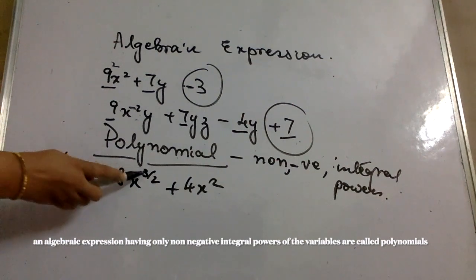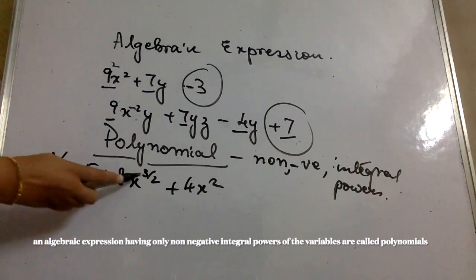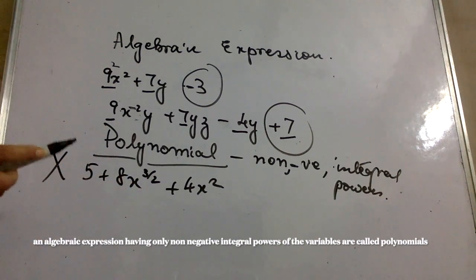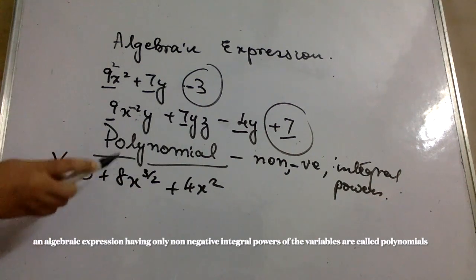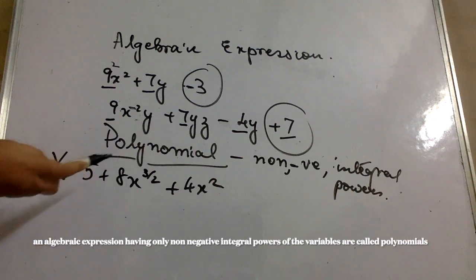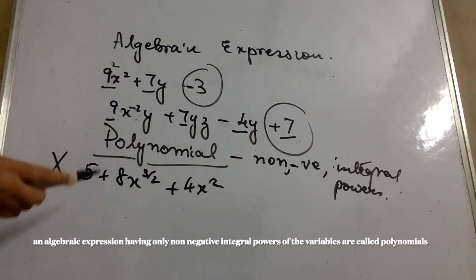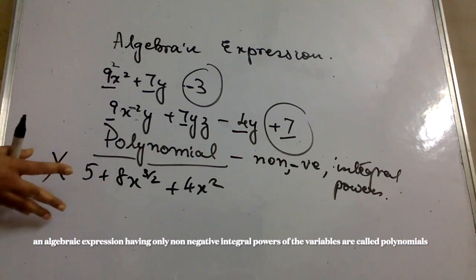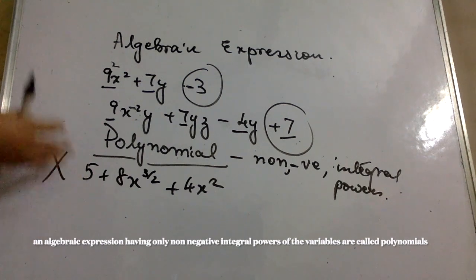You need integers in the power. So 3 by 2 is a fraction which is not an integer. Hence you can't take this 3 by 2 as a power in a polynomial. So this remains an algebraic expression but not a polynomial.